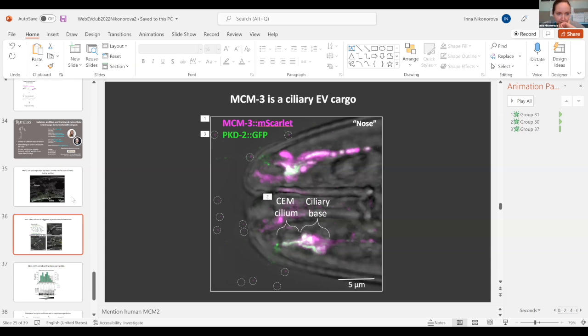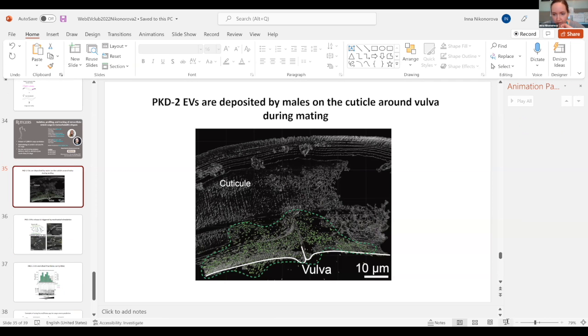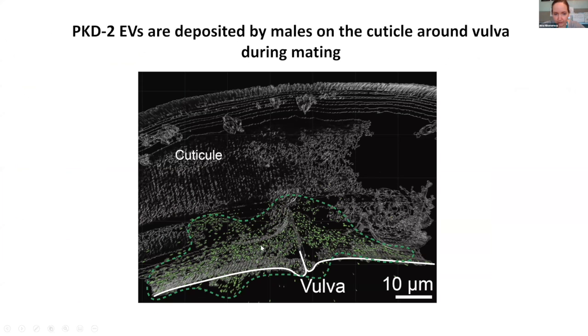When we made PKD2-GFP males with unlabeled hermaphrodites, we do find deposition of those PKD2 EVs around the vulva area. Our speculation is they might protect the vulva from antimicrobial agents in a way. We are trying to test this hypothesis right now. The beauty is we can see fluorescence.